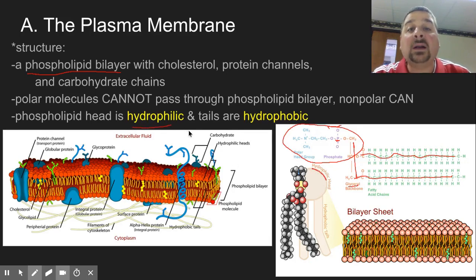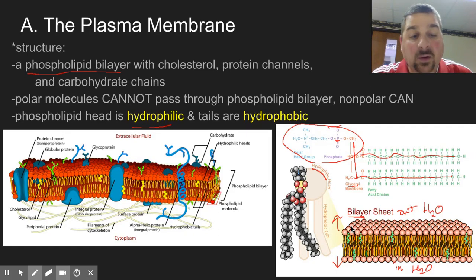Hydrophilic means water loving. So the heads, you can see down here on the bilayer sheet, face towards the outside and towards the inside. This would be outside the cell, and this would be inside the cell. What's going to be out there? Mostly water. What's going to be the cytoplasm? Mostly water. So the heads are water loving.